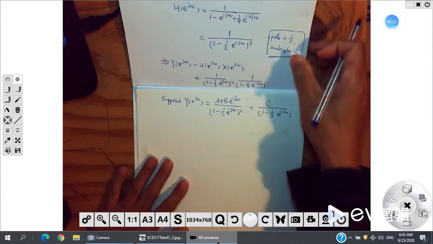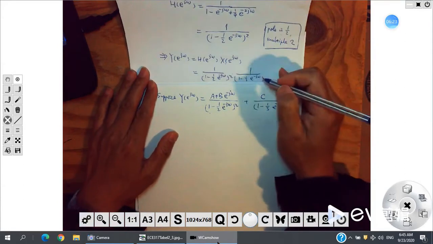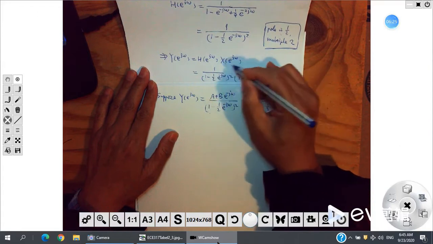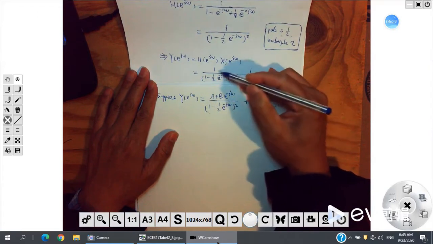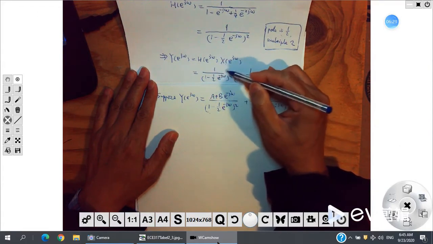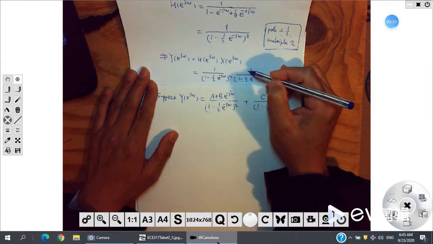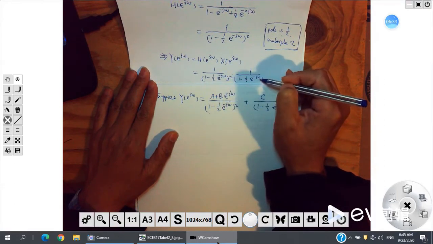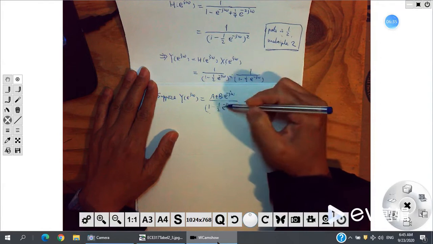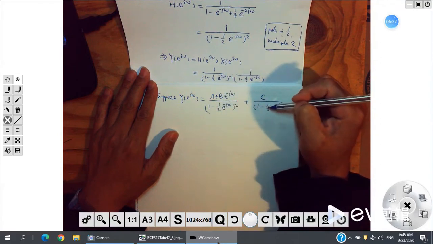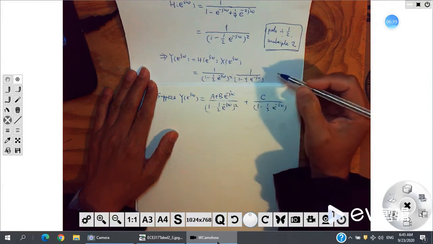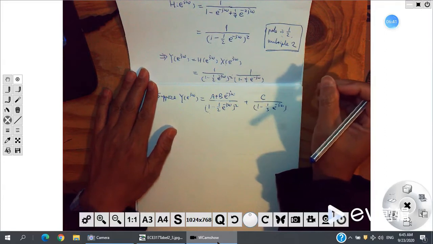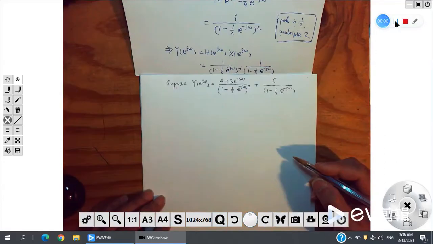Of course you need a requirement: this must be a proper fraction. If the numerator has order equal to or more than the denominator, you cannot work like this. We will discuss that after we study the Z transform.